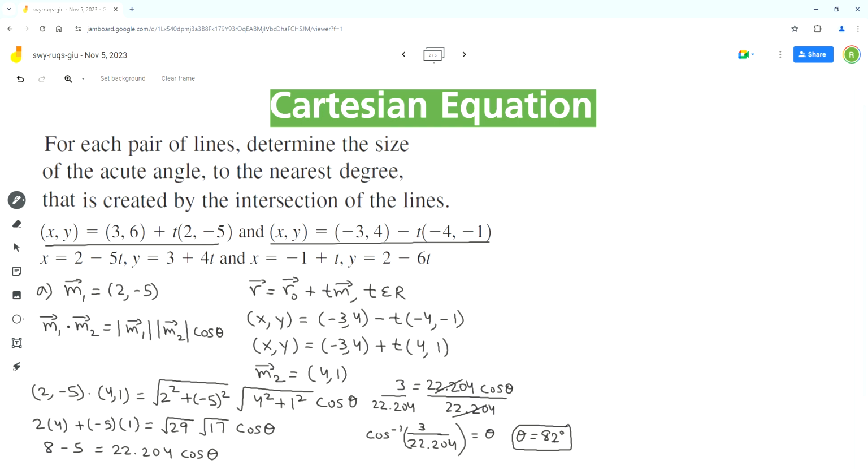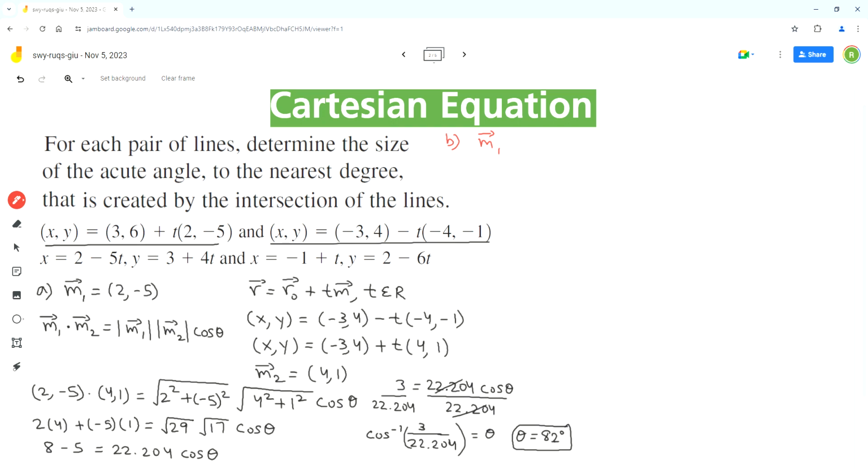Now we can analyze the second pair of lines. In the second pair, the equations are given in parametric form. So the first step is to find the direction vector of the two lines. So let's start with the first line. The components of direction vector of a line are the coefficients of t terms in the x and y equations.